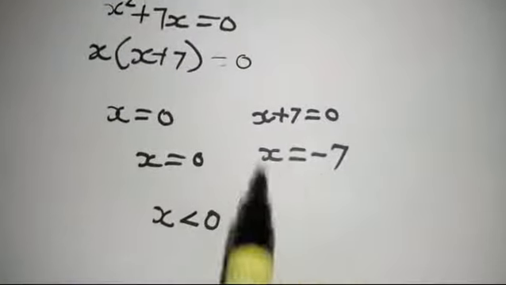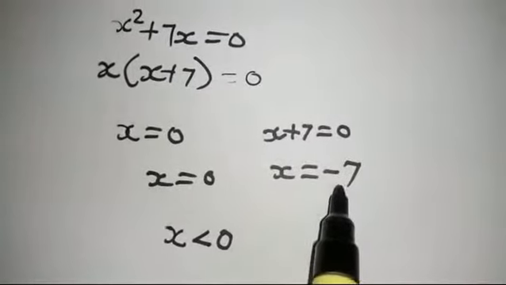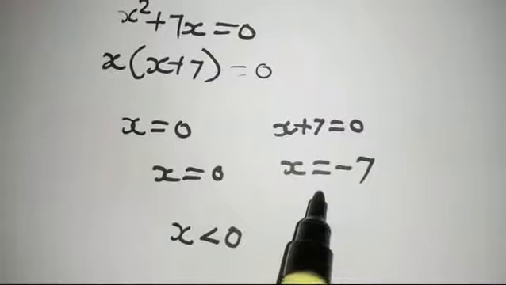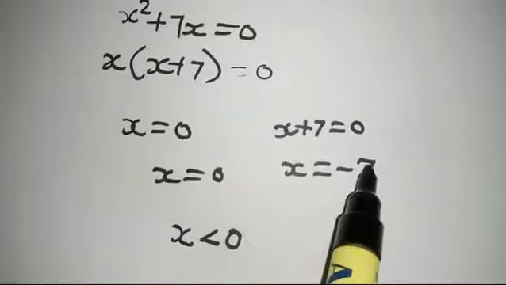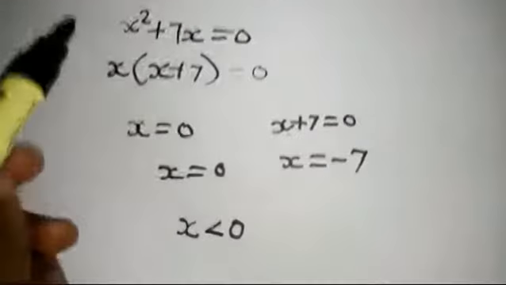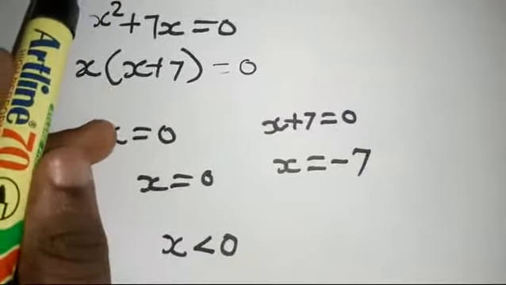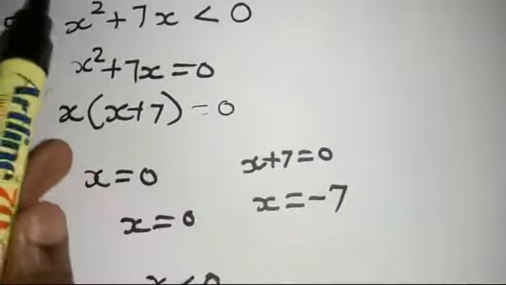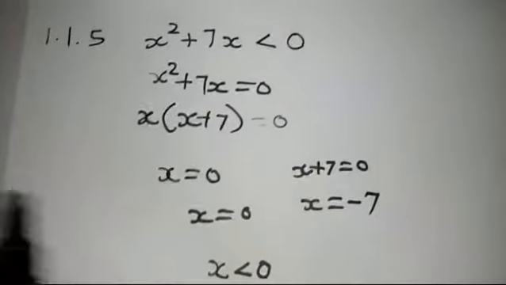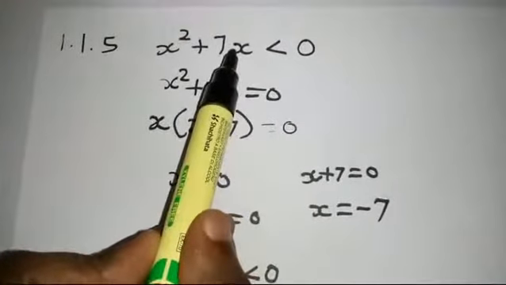And then now we consider this other value which is negative 7. Then let's take a value above negative 7, for example negative 6. When we take negative 6, we'll have 36 minus 42.